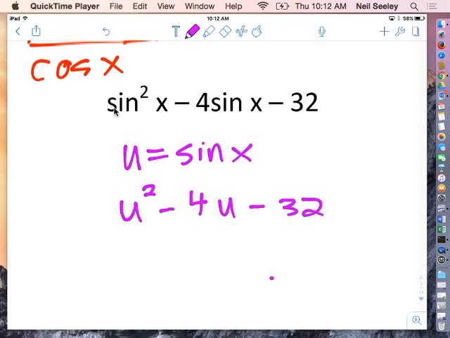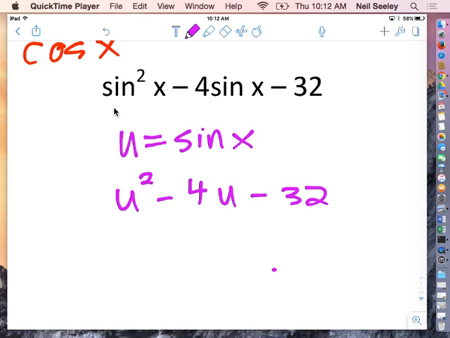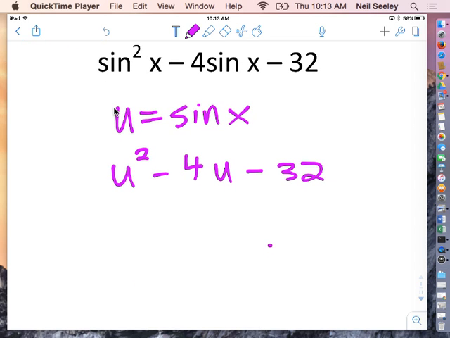If I do that, then you look at it and go, oh, okay, yeah, I can see that. I can see it's something squared minus something u minus 32. I know how to do the quadratic formula for that. Or do the factors work? Like, do any factors of negative 32 add to 4? We got 8 and 4. I think we can do it.